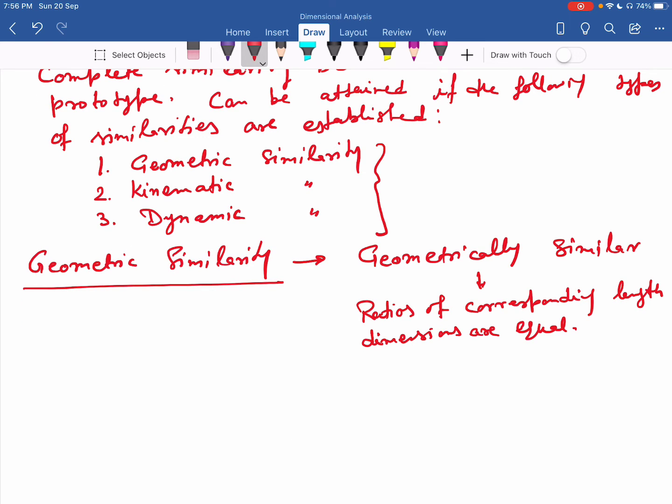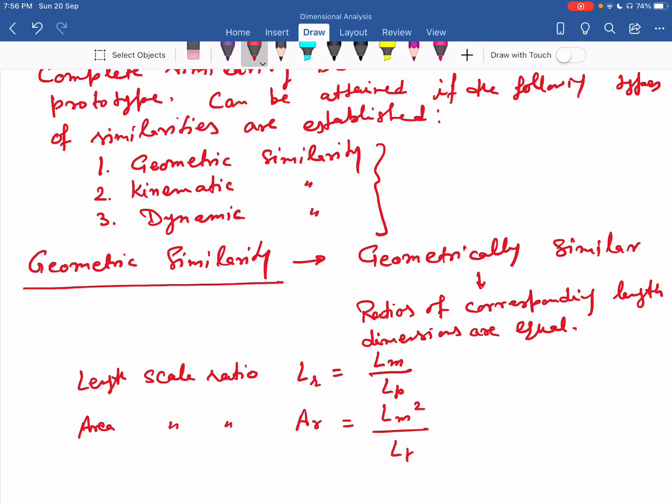Then there are a few terms involved. One is the length scale ratio, LR, which we write as the length of the model divided by the length of the prototype. Then there is the area scale ratio, which we write as LM square divided by LP square, or that is equal to LR square.